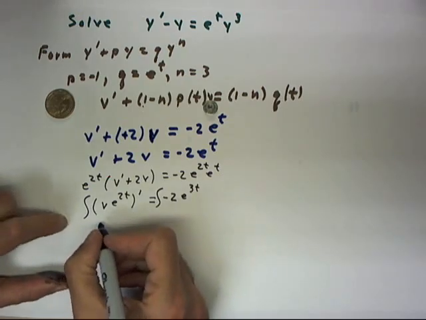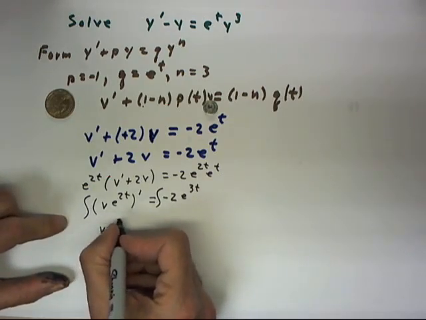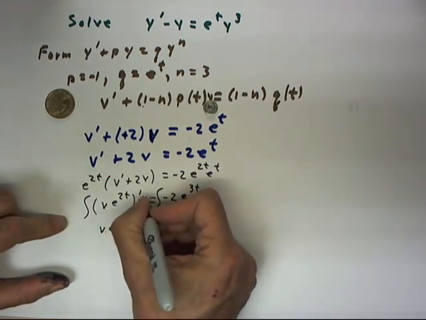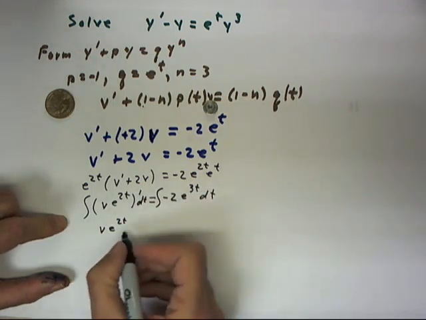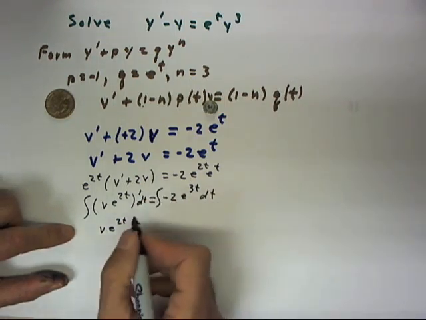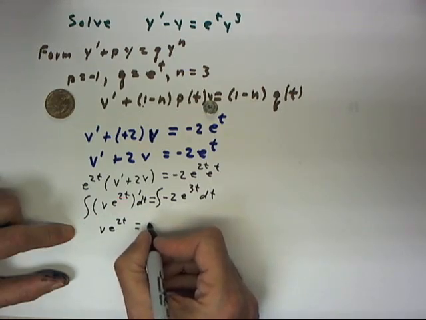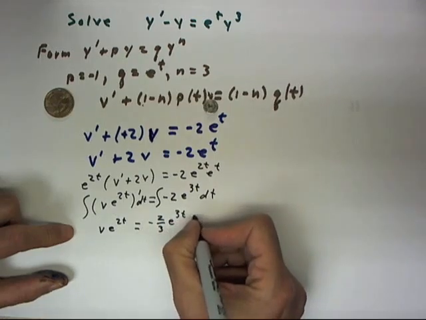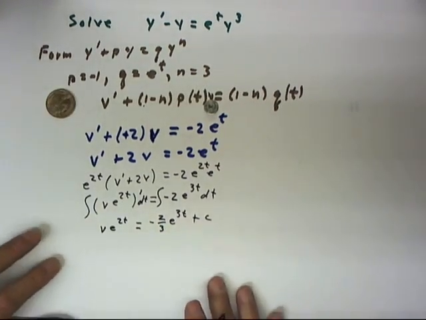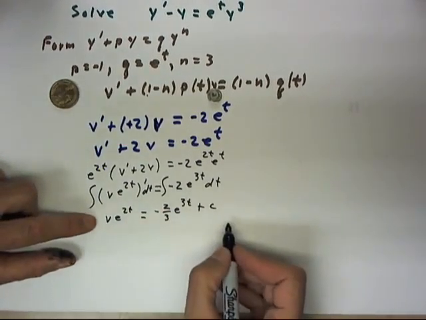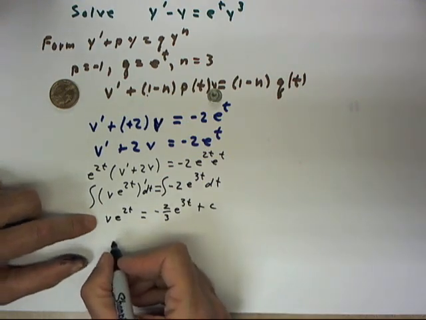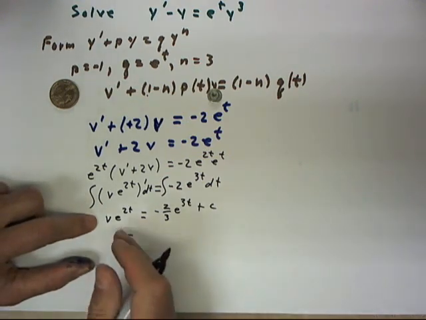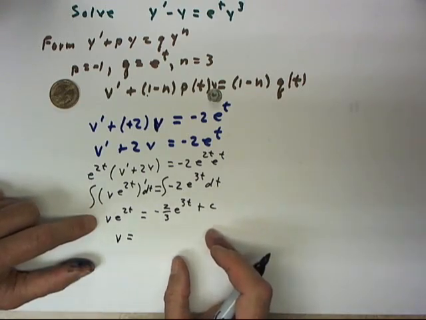Integrating both sides with respect to t, we get v e to the 2t equals the antiderivative of this, which is going to be negative 2/3 e to the 3t plus an integration constant. Solving for v, we're going to divide both sides by e to the 2t.